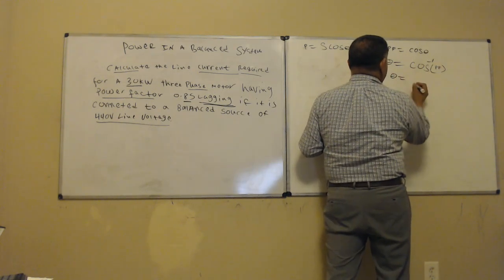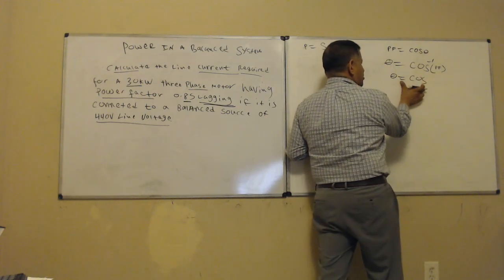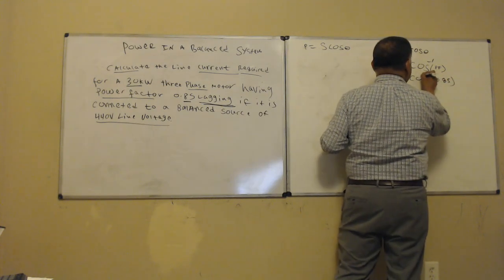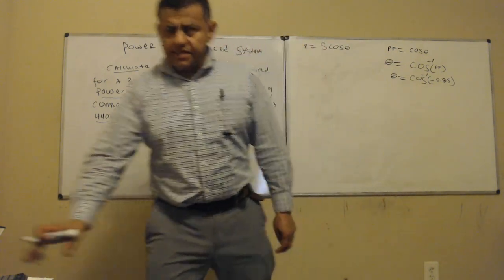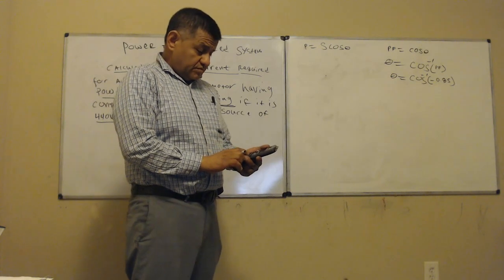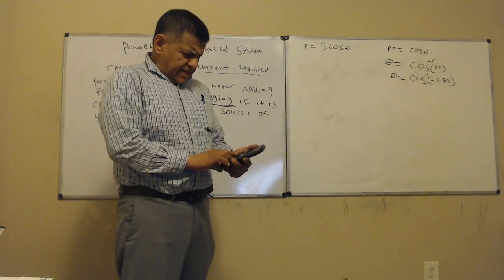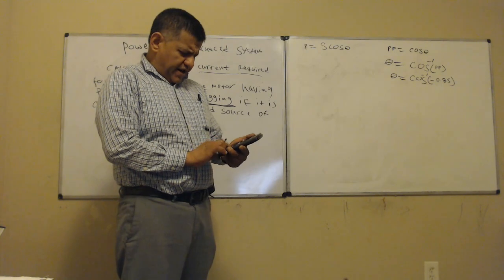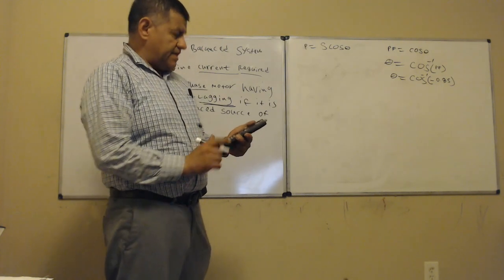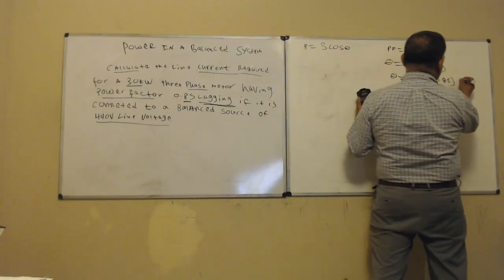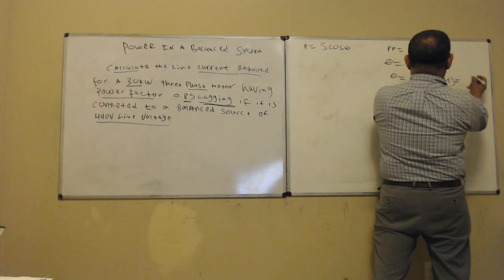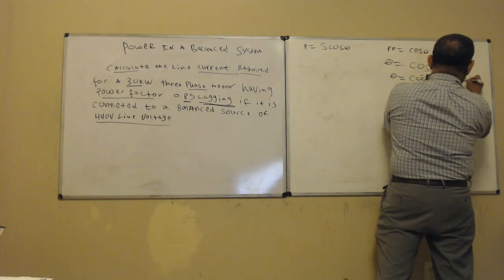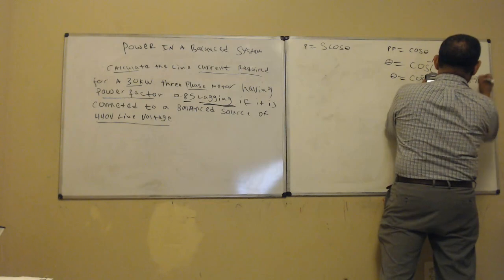Notice that this is negative because it's lagging. So theta is going to be the inverse cosine of negative 0.85. Doing that, we get 148.21 degrees.